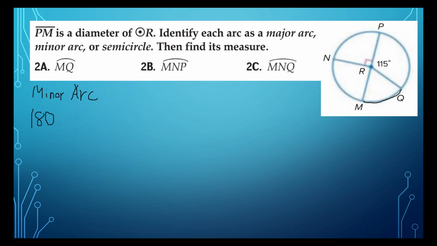So let us subtract the measure of arc PQ from 180 degrees. 180 degrees minus 115 degrees is equal to 65 degrees. So the measure of arc MQ is equal to 65 degrees.